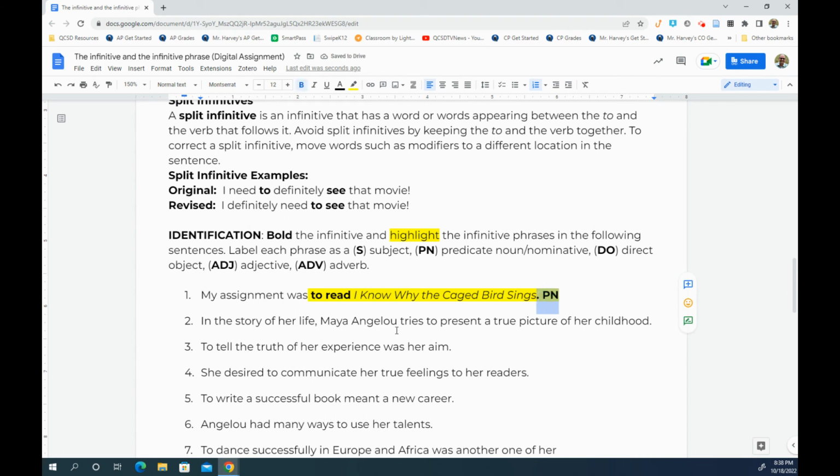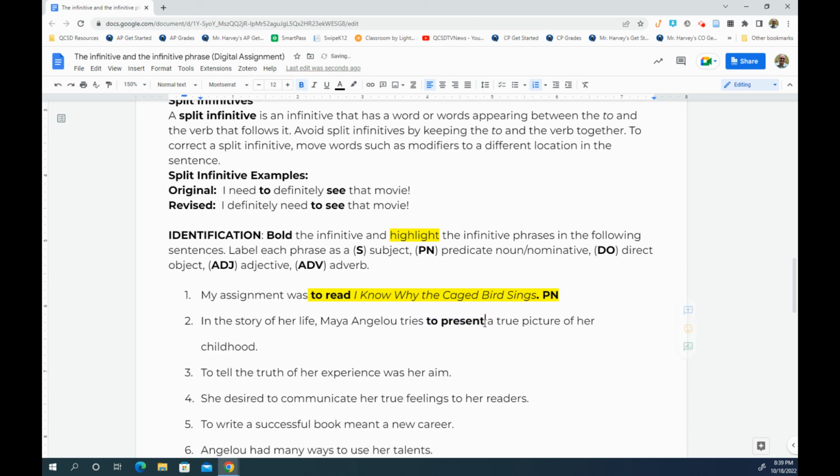Let's do another one. In the story of her life, Maya Angelou tries to present a true picture of her childhood. So to present is to plus a verb, so that's the infinitive. To present a true picture of her childhood is the whole phrase there.